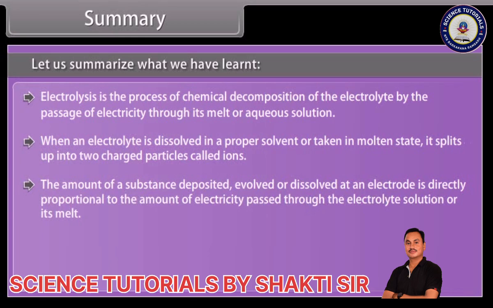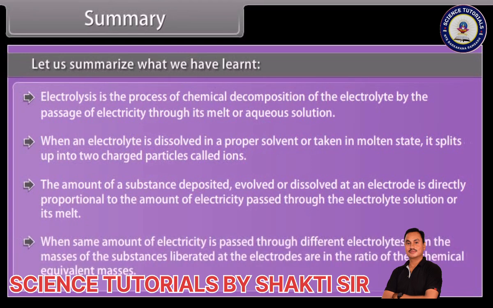The amount of a substance deposited, evolved or dissolved at an electrode is directly proportional to the amount of electricity passed through the electrolyte solution or its melt. When the same amount of electricity is passed through different electrolytes, then the masses of the substances liberated at the electrodes are in the ratio of their chemical equivalent masses.